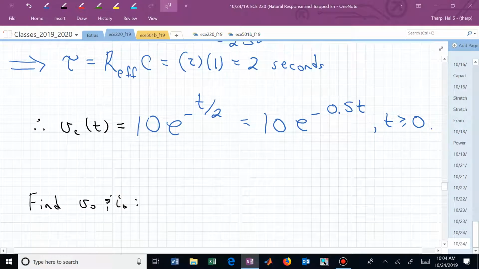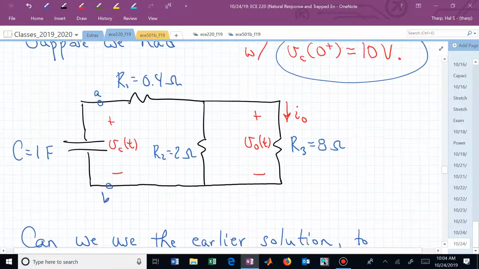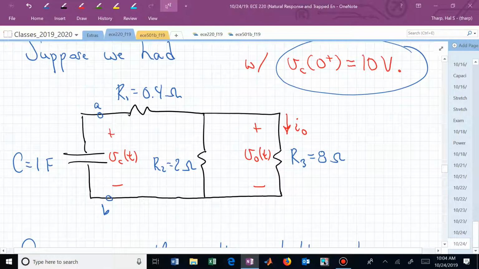Now, how do we use that? Now that we know the voltage across terminals AB, how do we use that to find V sub 0 and I sub 0?